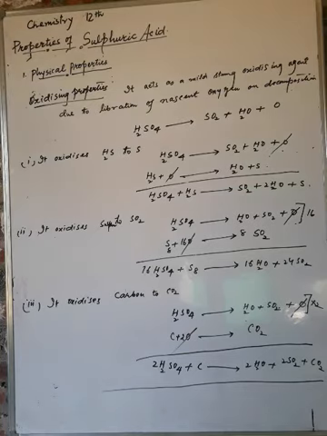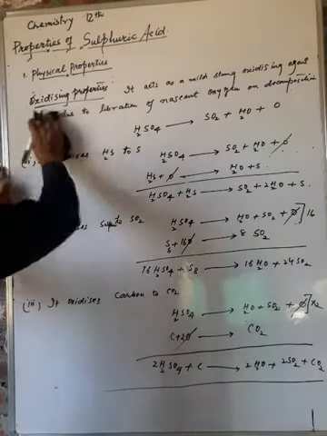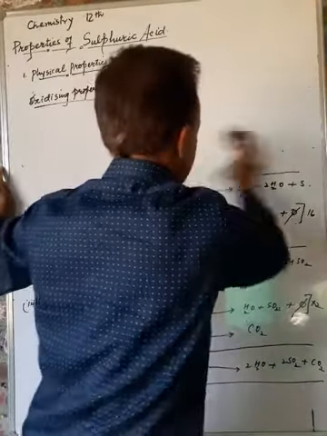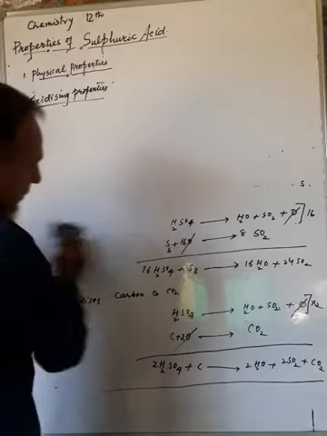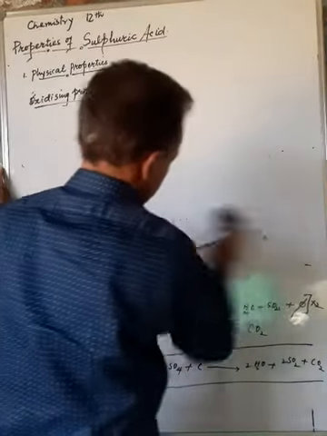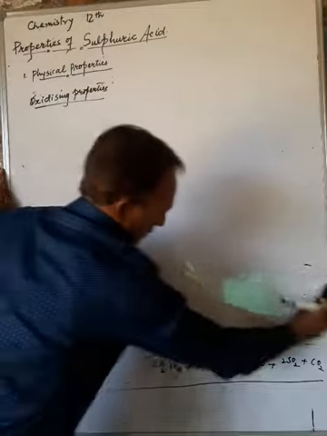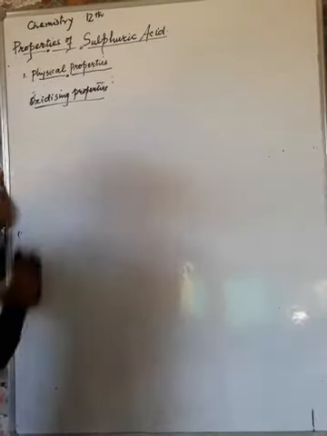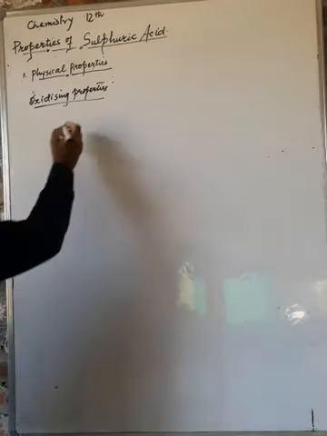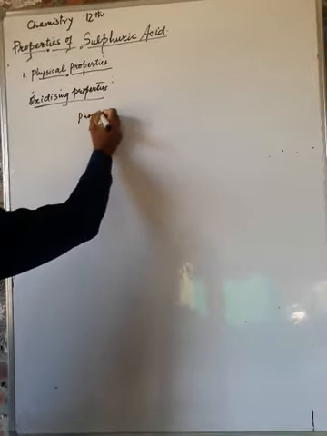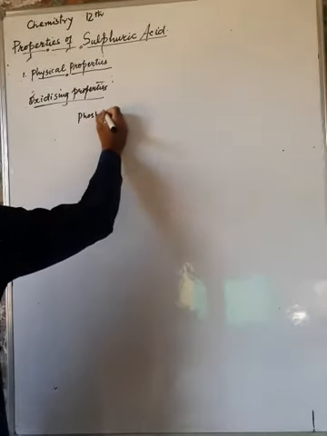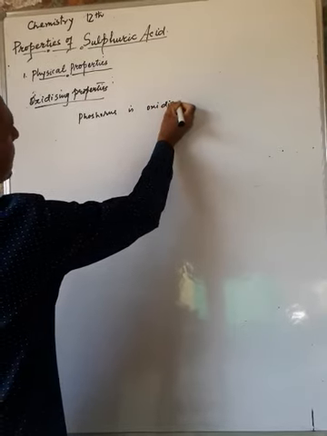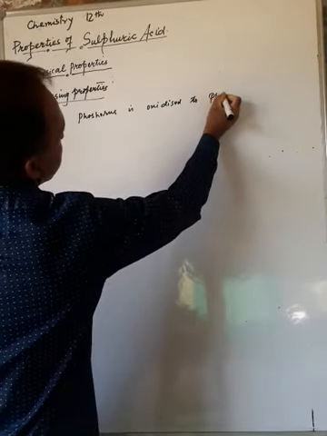One more is that it converts phosphorus into phosphoric acid. Phosphorus is oxidized to phosphoric acid.